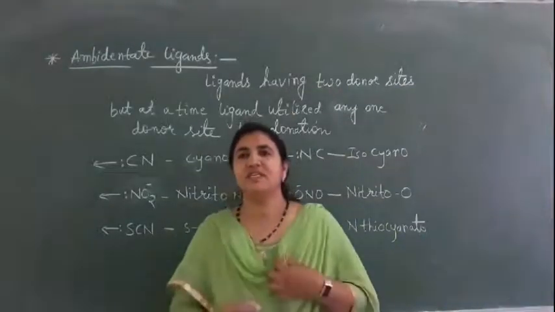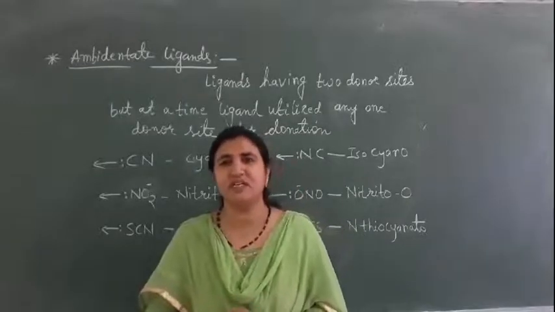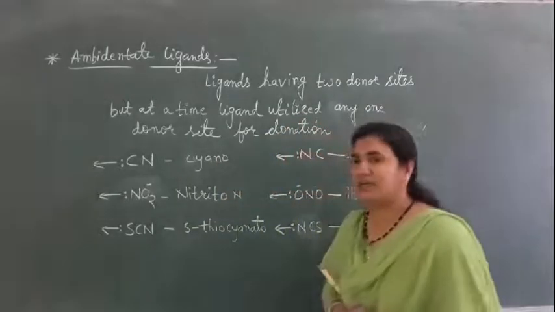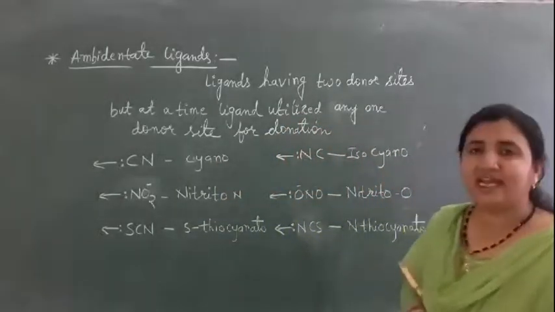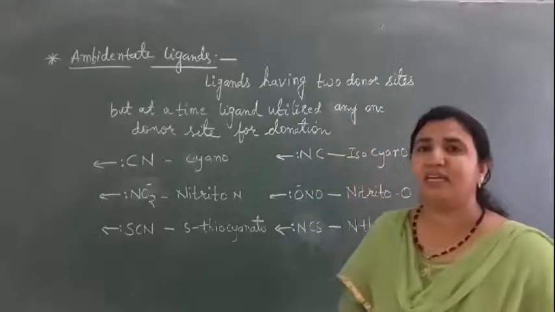So till now we have seen the classification of ligands based on the number of donor atoms present in the molecules. Now we will see some different types of ligands. The first one is ambidentate ligands. What are ambidentate ligands?